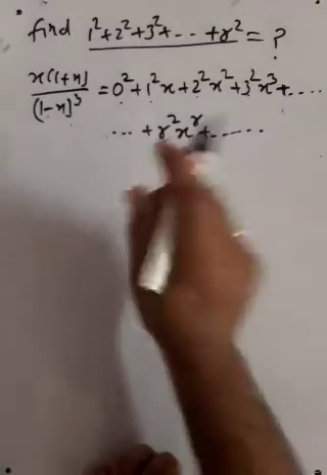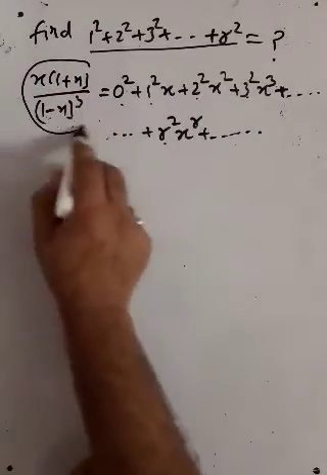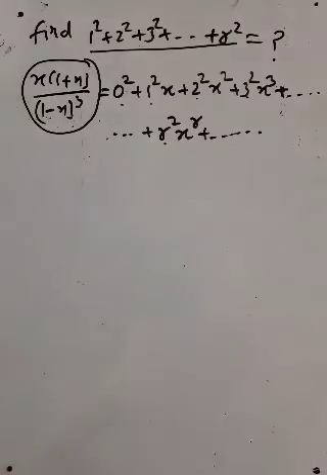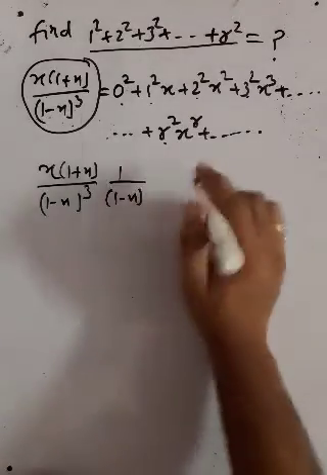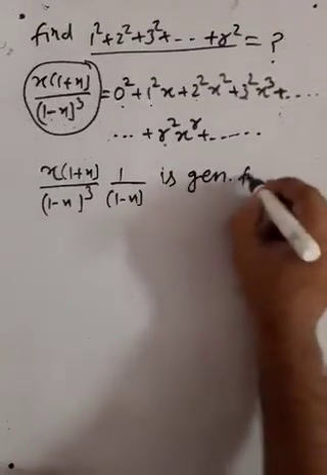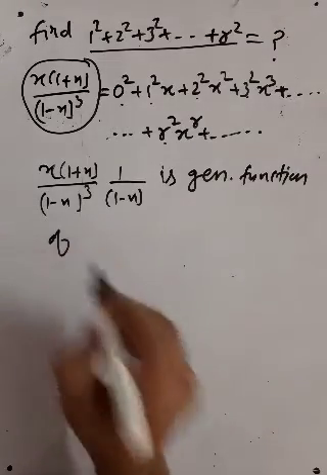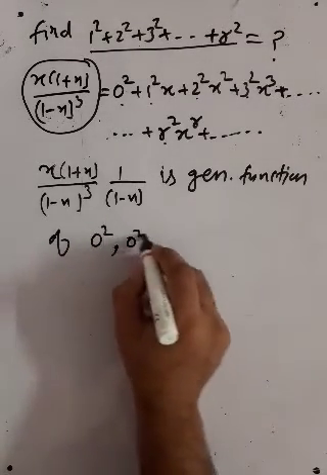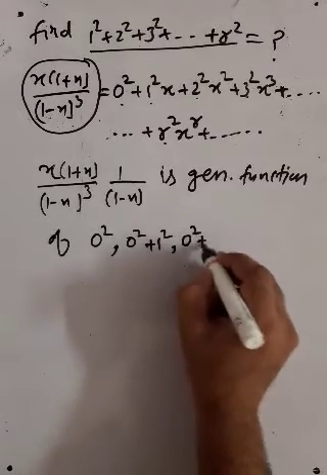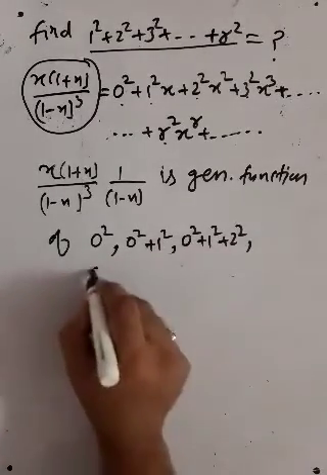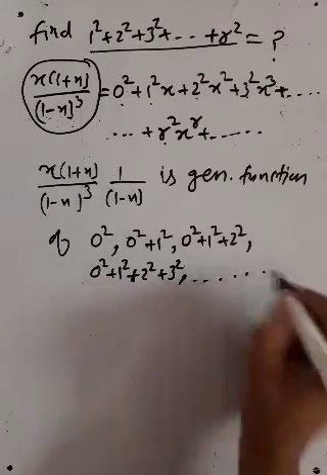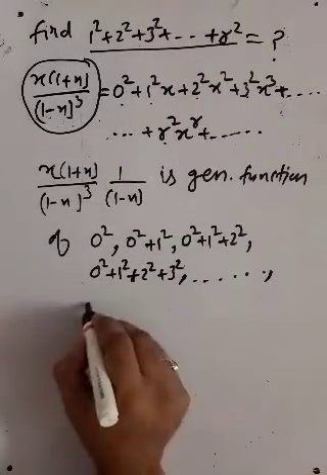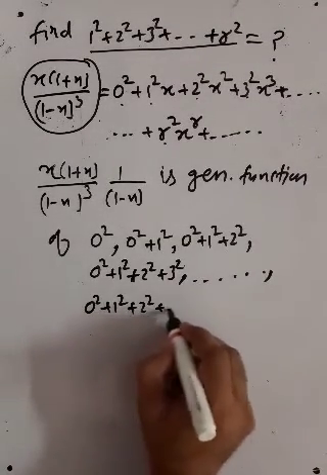So as in the previous note, if we multiply this generating function with 1 upon 1 minus x, then we get this, and this is the generating function of 0 square, 0 square plus 1 square, 0 square plus 1 square plus 2 square, 0 square plus 1 square plus 2 square plus 3 square, and 0 square plus 1 square plus 2 square up to r square and so on.